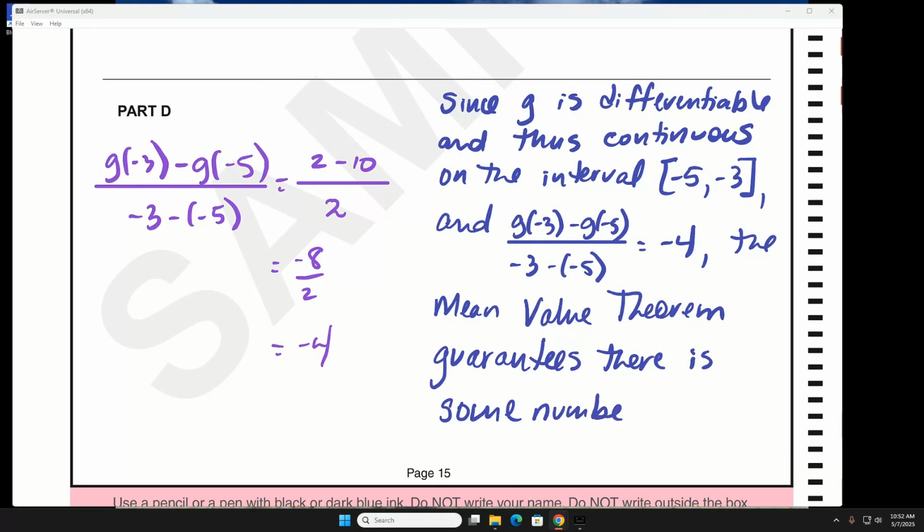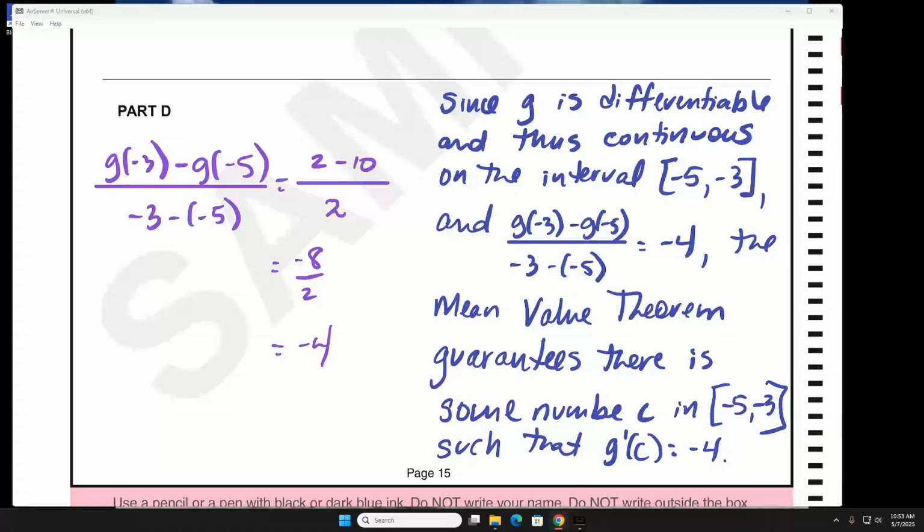We're going to call that number C. And then I'm going to give the interval such that G prime of C equals negative 4. Alright, so it seems like a lot of words, but don't forget to quote the problem. So you don't have to come up with all the words. You can use the problem to help you answer it.